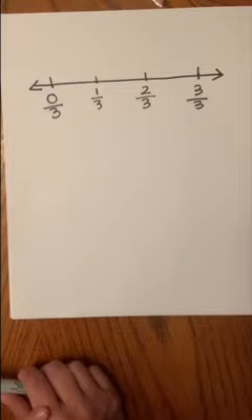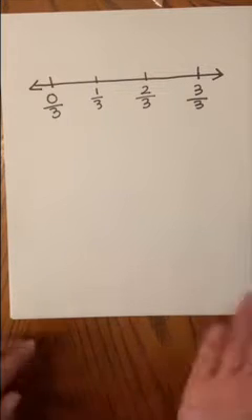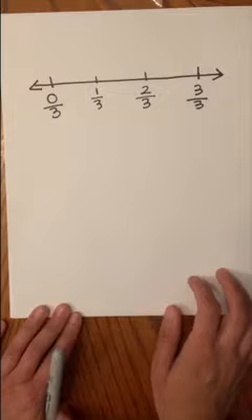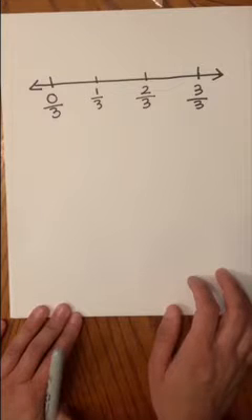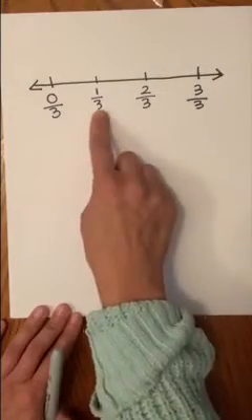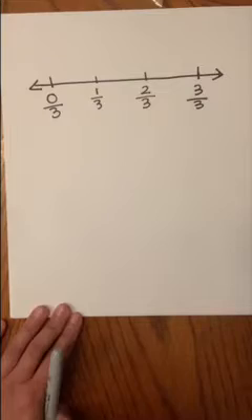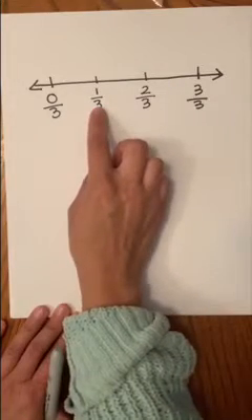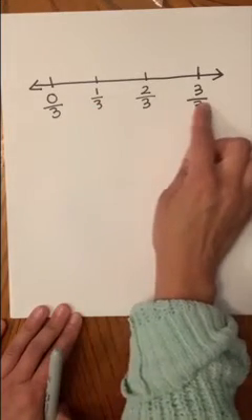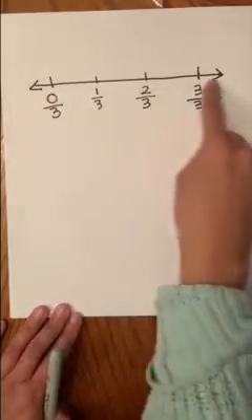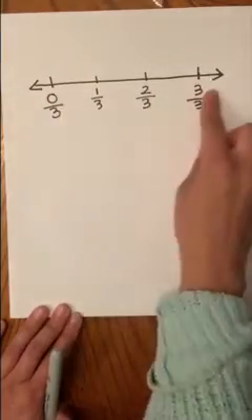So here I have my number line and I have thirds, right? You can see we have thirds here. Agree or disagree? Well, this is 0. 0 thirds is 0, right? This is 1/3, 2/3, 3/3.